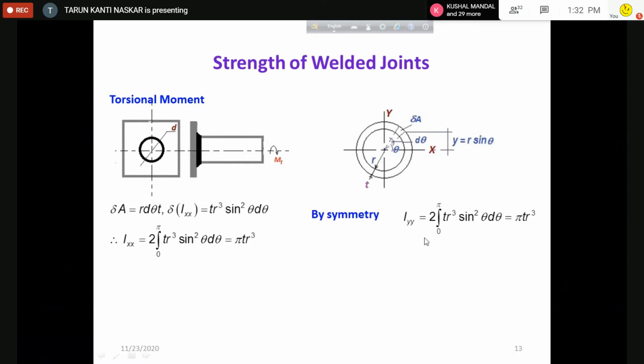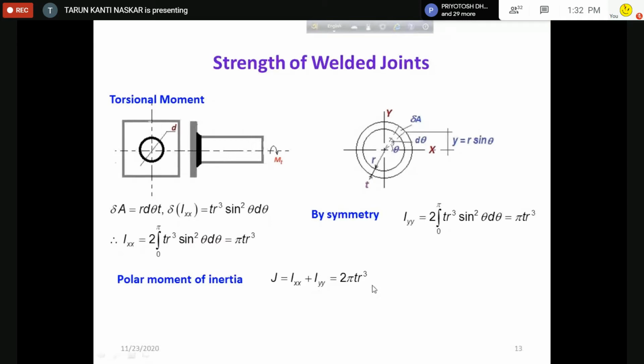Similarly by symmetry Iyy will be equal to this. Okay, now we have to find out polar moment of inertia because you are considering torsion. So since you are considering torsion, you have to find out polar moment of inertia. So J is equal to Ixx plus Iyy, that will be equal to twice pi T R cube.